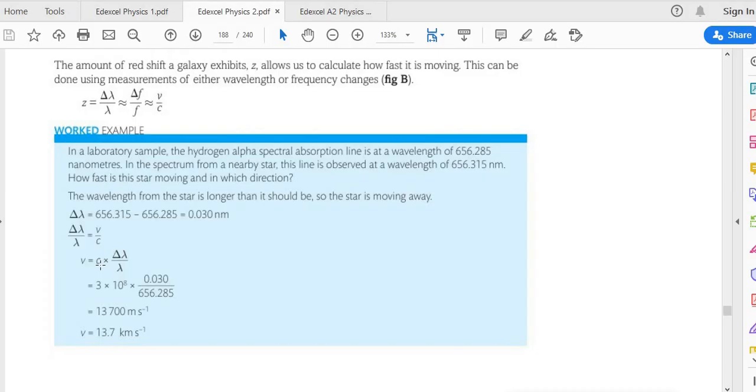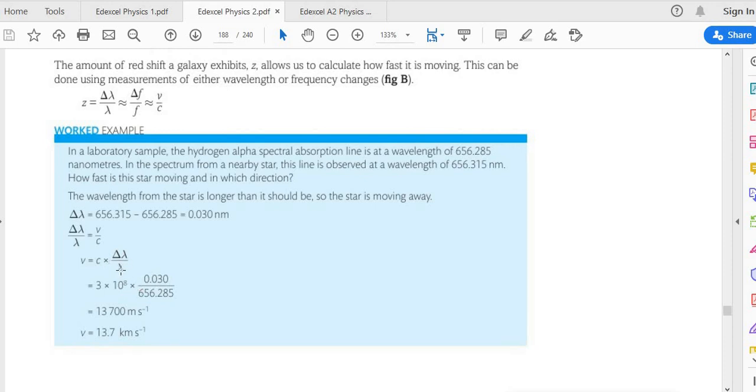Then we make V the subject of the equation, and we can find V, which is what we are supposed to find. The star is the source of light, so the speed of the source is V. C is the speed of light in vacuum, which is 3 times 10 to the power of 8.